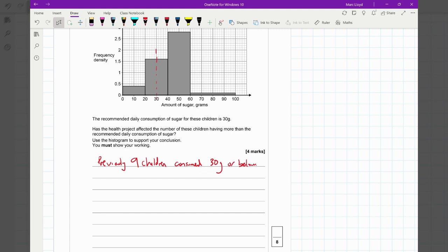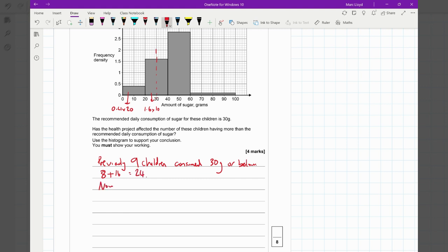And therefore this first slot we've got 0.4 times 20. And then in the second slot, it's 1.6 times 10. 0.4 times 20 is 8. 1.6 times 10 is 16, and that makes 24.